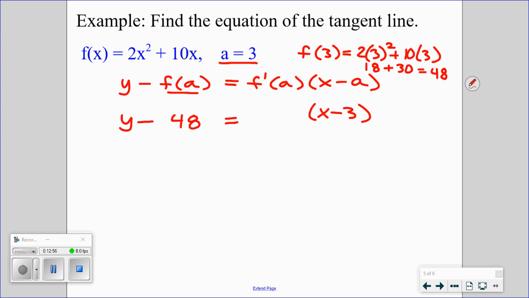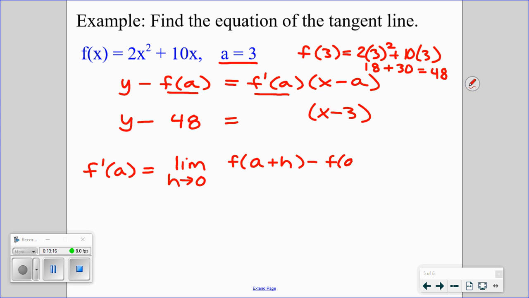Now, what's going to take a little bit more work is finding f prime of a. To find f prime of a, we're going to use our definition, and we'll use our new definition. So the limit as h approaches 0 of f of a plus h minus f of a all over h.